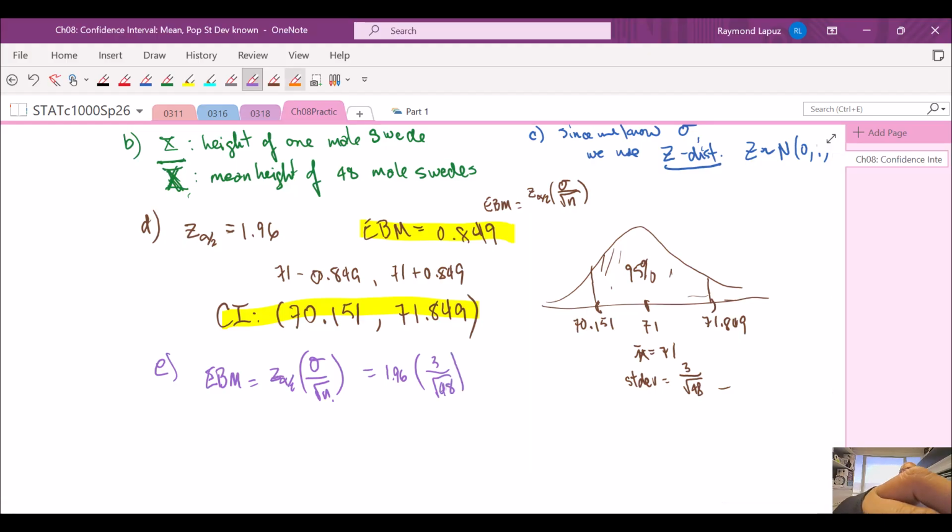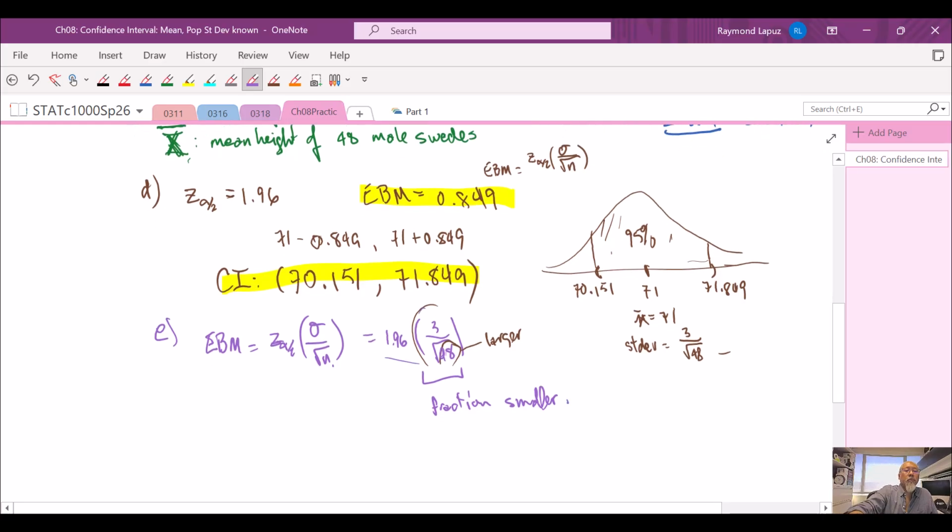So what happens if n gets larger? If n gets larger, the denominator gets larger, then the whole fraction gets smaller. So the EBM will decrease.